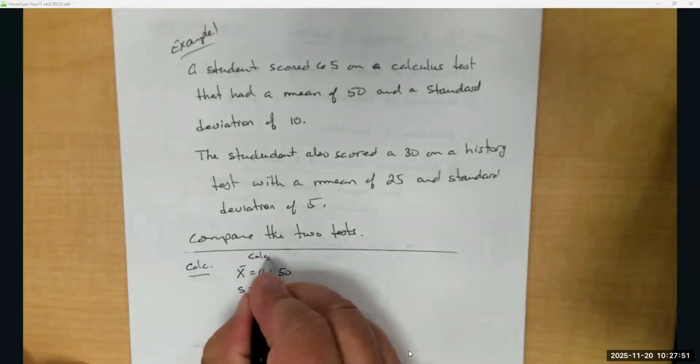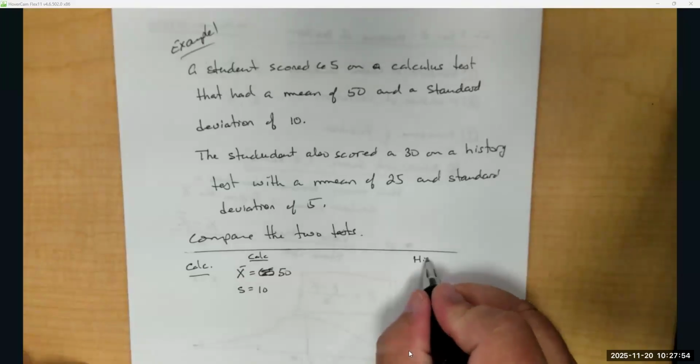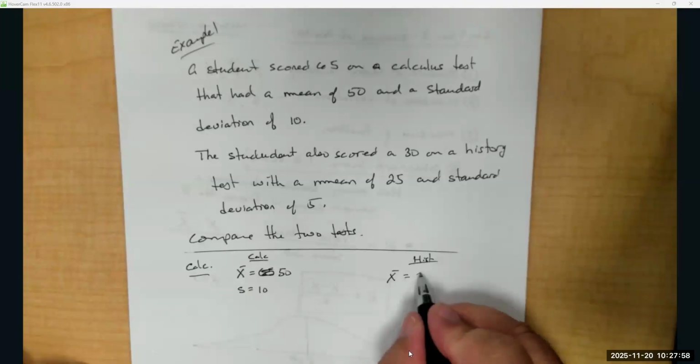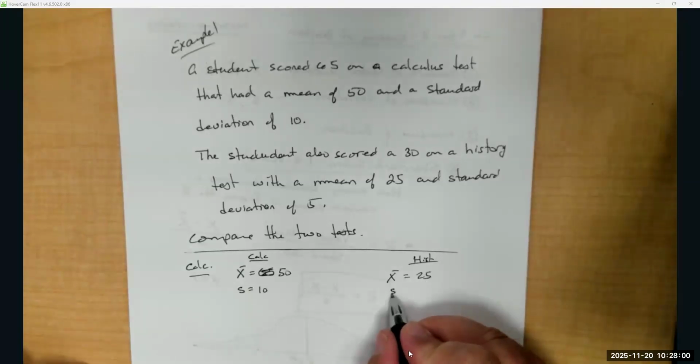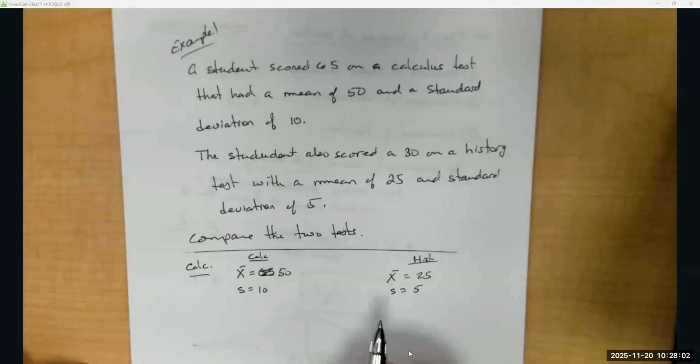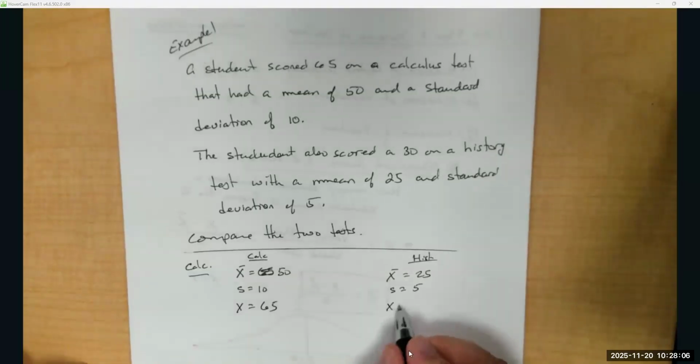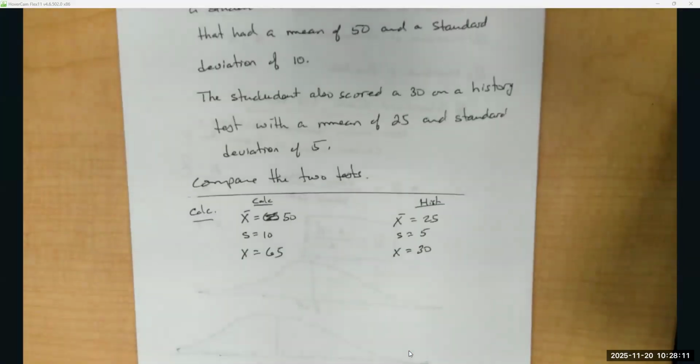This is for calculus. And for history, the mean was 25 and standard deviation was 5. The student score was a 65 in calculus and a 30 in history.